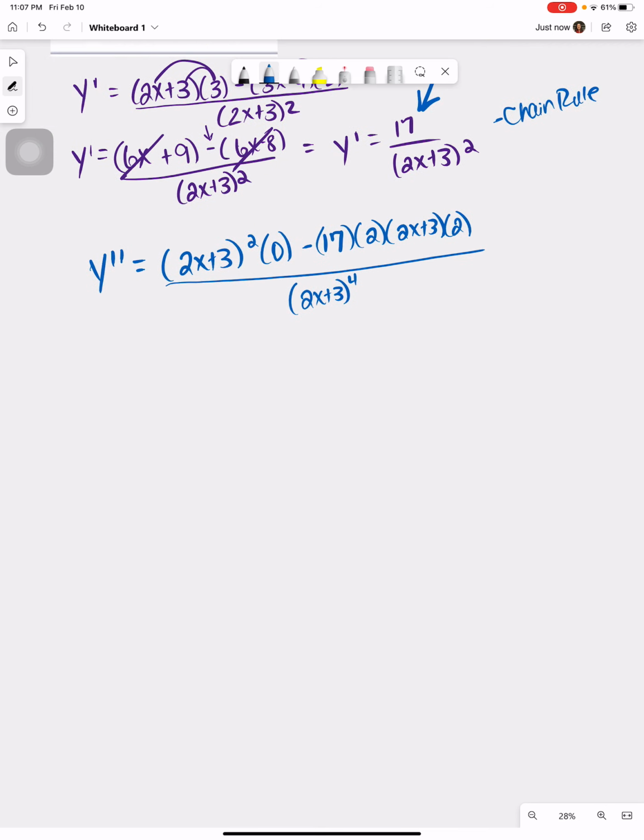Now if you look, this 0, we just cancel all of that out. It's gone. So what I'm left with up there is 17 times 2, which is 34, and then 34 times 2, which is, let's see, 17 times 2 is 34, times 2 is 68.